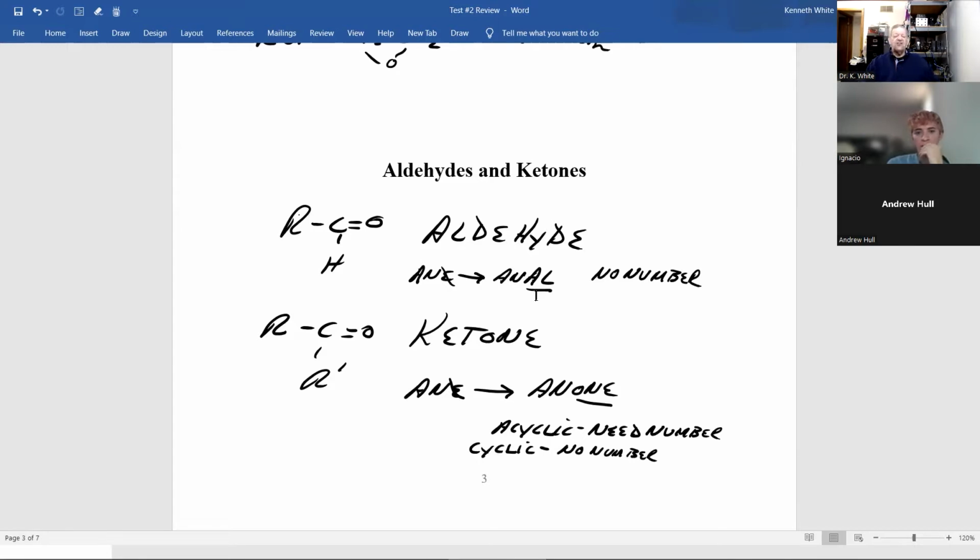Next, a ketone: a carbonyl carbon double bonded to oxygen with two R groups. Now, find the longest chain, or unlike an aldehyde, a ketone can be in a ring. Find the longest alkane or cycloalkane. Drop the E, add ONE at the end.